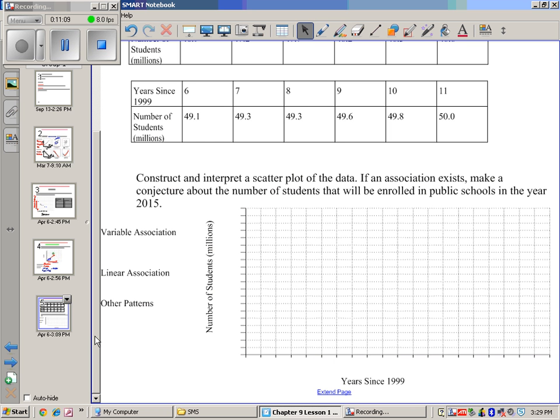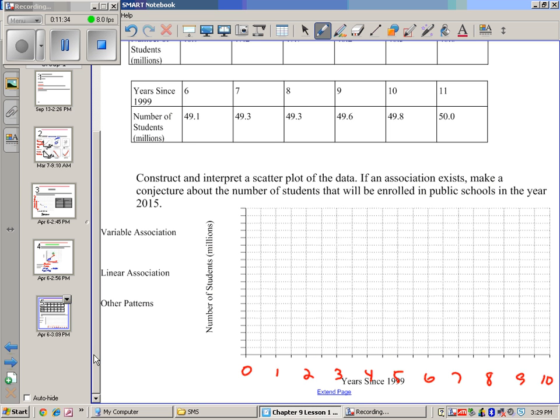Look at our years. We're going to be down the x-axis, and we have up to 11. So as we start there, we're going to go 0. We'll skip 1. 2, 3, 4, 6, 7, 8, 9, 10. And then we're going to have a break.